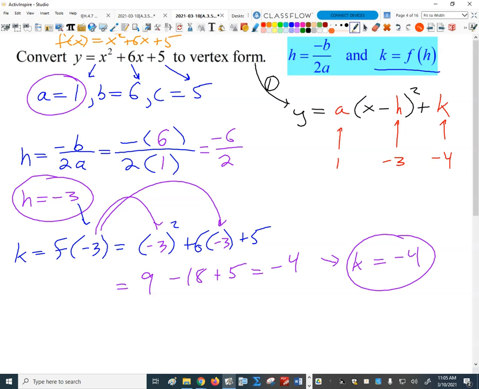So those are the numbers that I'm plugging in, right? For a, h, and k. So then I want to know what my answer is going to be. I'm supposed to write this thing in vertex form. So I want you guys in chat to please write that down for me. What am I going to get? y equals, I'll get you started. When I plug the 1 in, I don't write it. So I just have the quantity x, keep going.